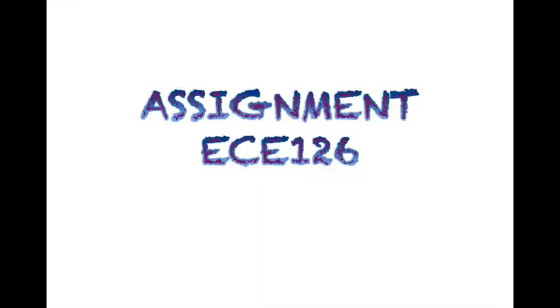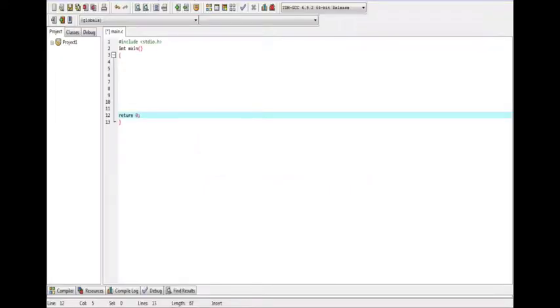Welcome. We will now show each step during the process and explain the program that we have executed. This is the page that will appear when using the software Dev C++. At the top, you can see int main, open and close bracket.